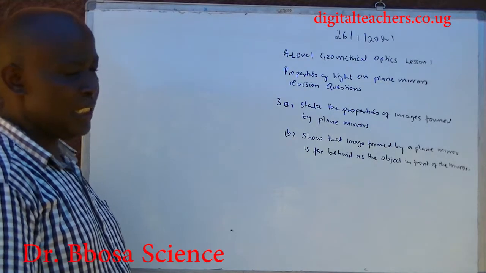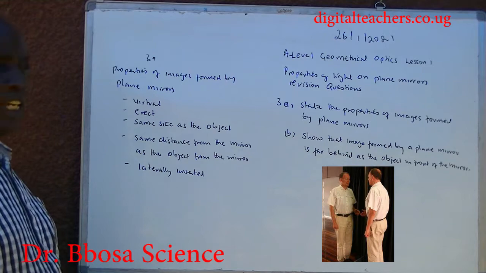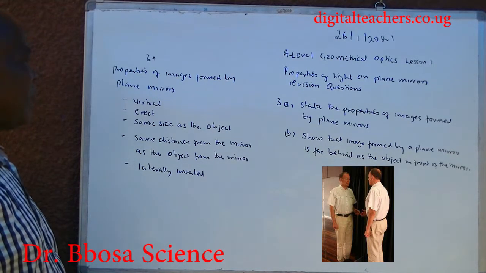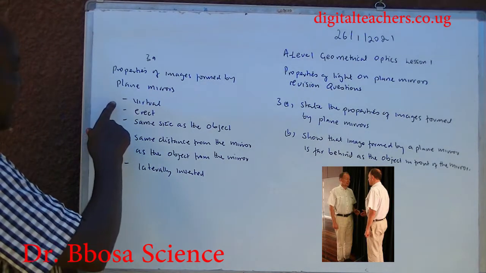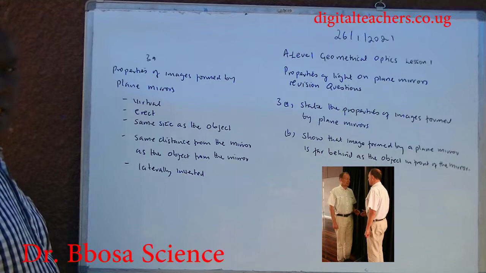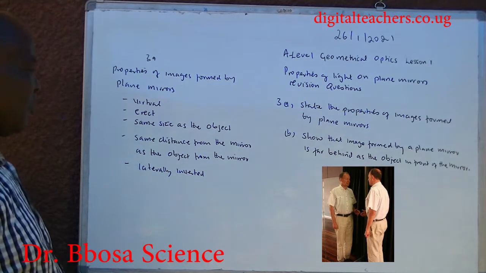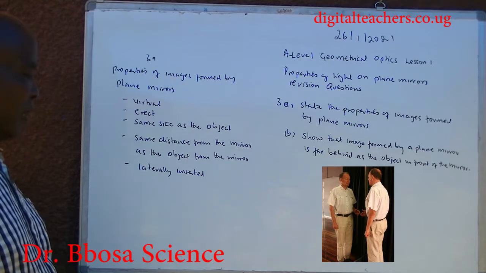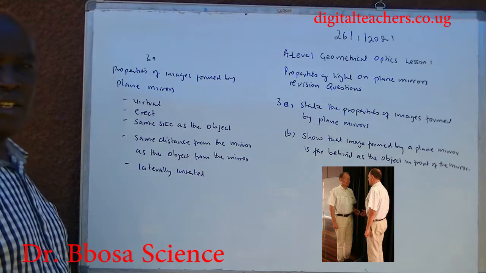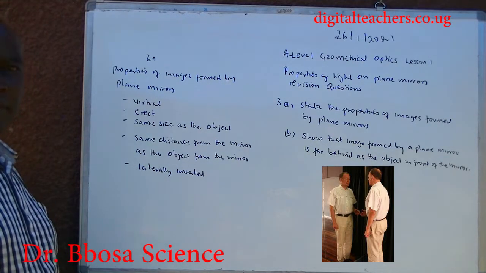You can pause and answer. 3A, properties of images formed by plane mirrors. They are virtual, erect, same size as the object, same distance from the mirror as the object from the mirror, and laterally inverted. The right of the object is the left of the image.